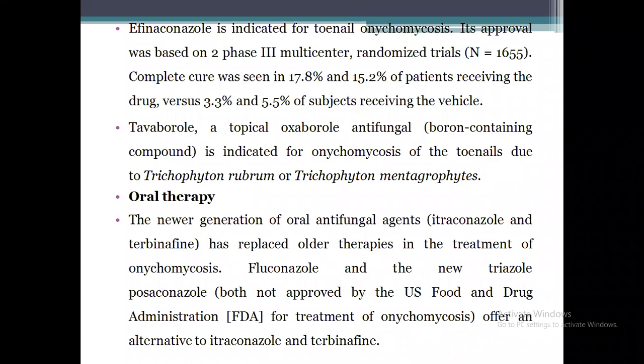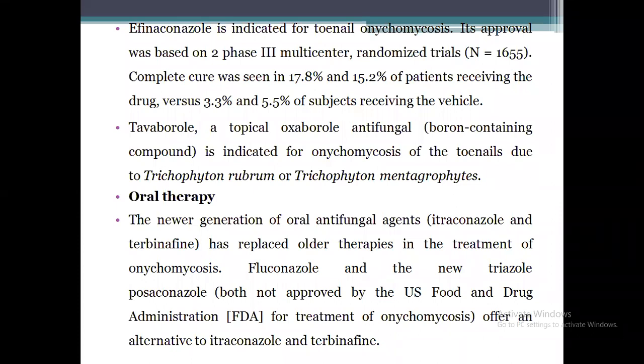It has shown 17.8% and 15.2% cure, versus 3.3% and 5.5% of subjects receiving the vehicle, or as we call it, placebo. Tavaborole is a topical oxaborole antifungal containing boron. It is indicated for onychomycosis of the toenail due to Trichophyton rubrum and Trichophyton mentagrophytes.